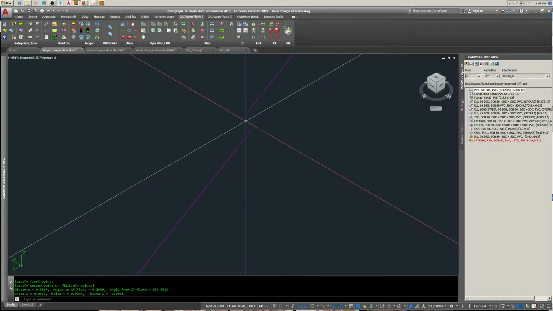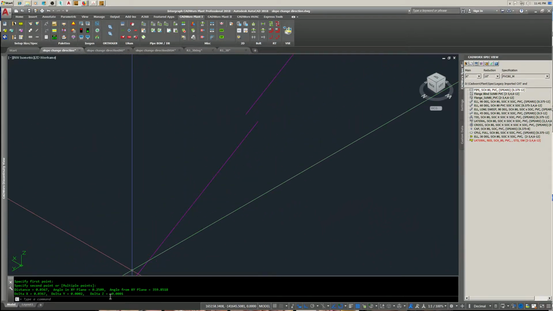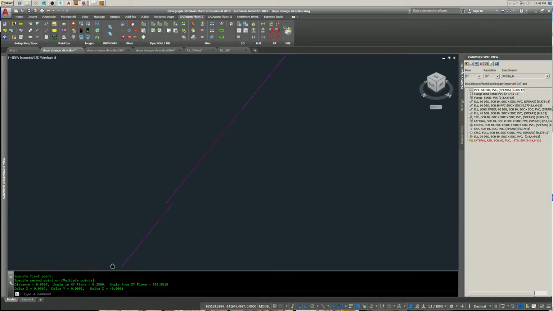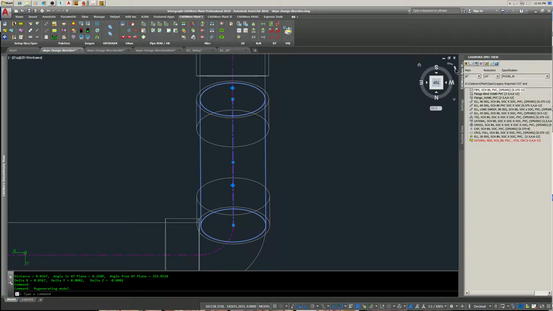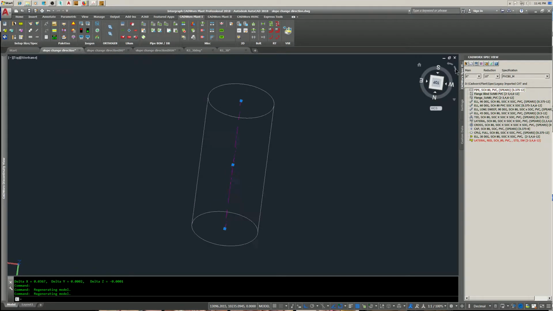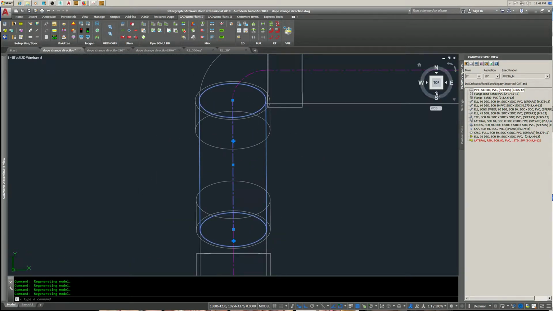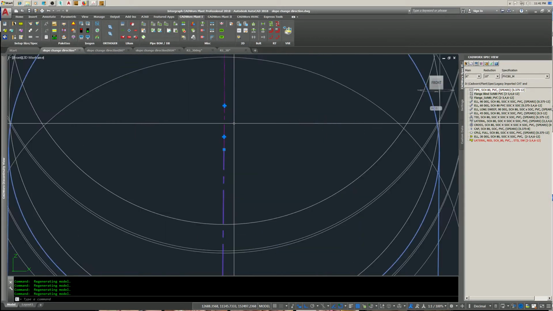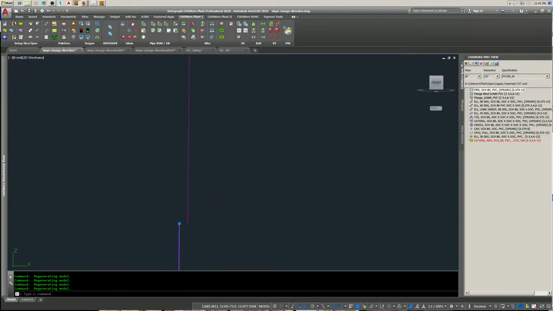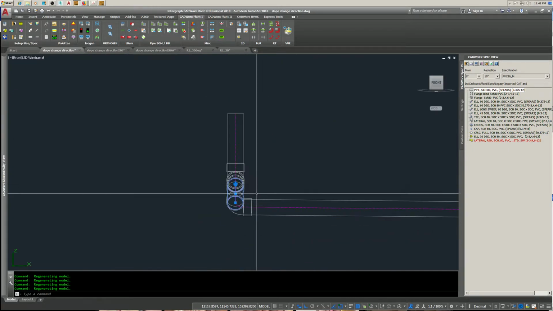Well, I could probably just move that over, and with those small variations, it is well within the tolerance limit. But for exercise purposes, let's go back. Move that puppy over.